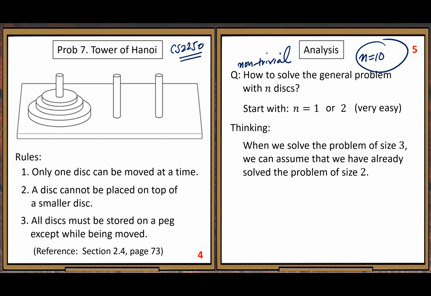When we solve the problem of size 3, after 1 and 2, we need to move to 3. So we increase the problem size, grow it larger and larger. But when we work on a problem of size 3, we can assume that we have already solved the problem of size 2.